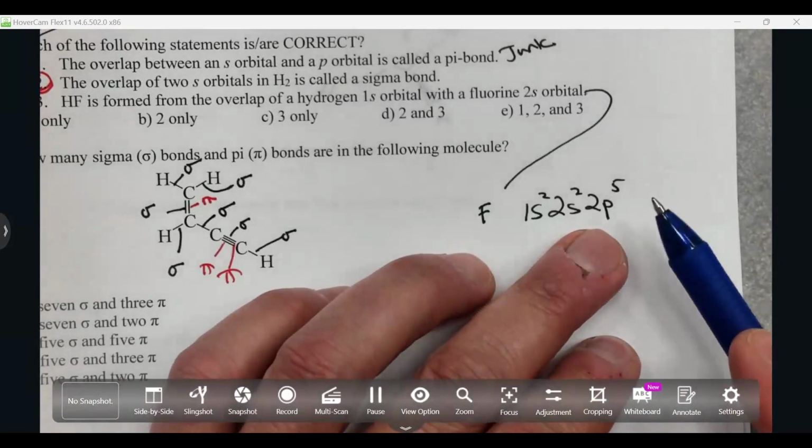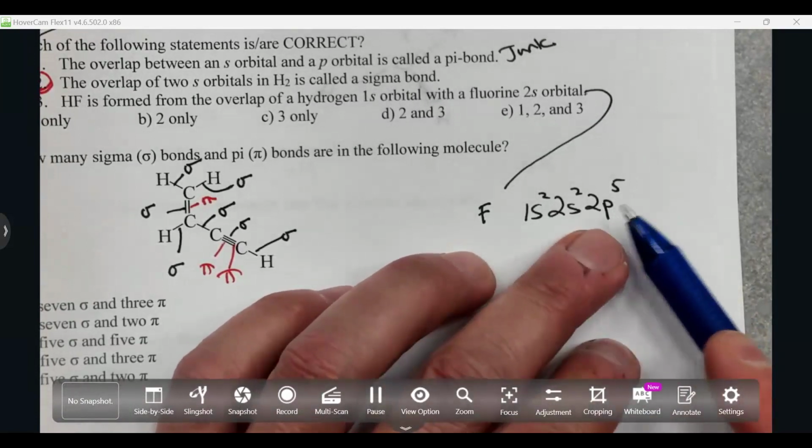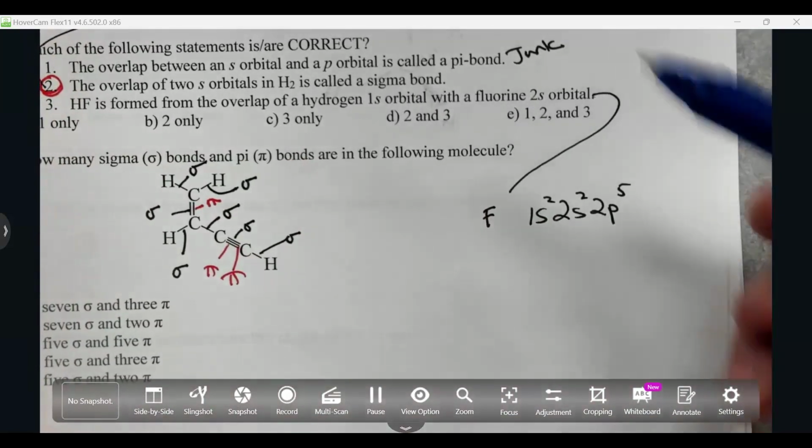Where's that single electron going to be in fluorine? It's going to be in a p, right? You're not going to go back into the 2s. It's going to be from a 2p. So this is junk. This would have to be a 2p.